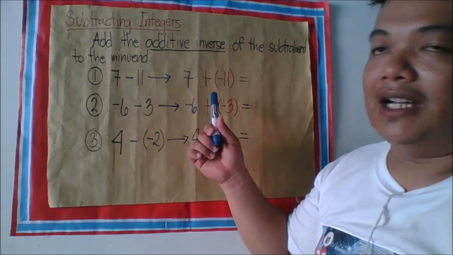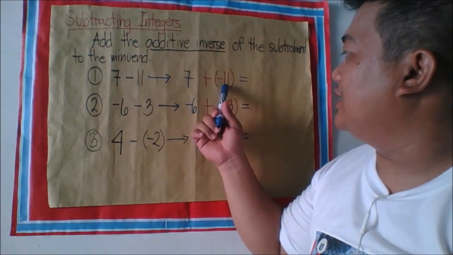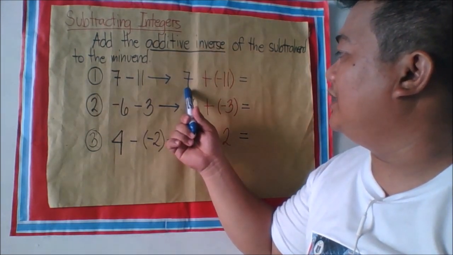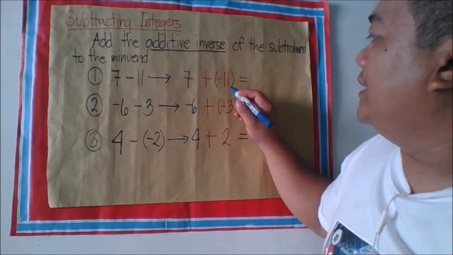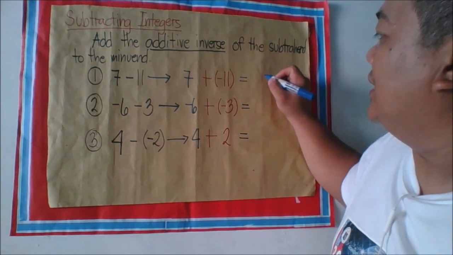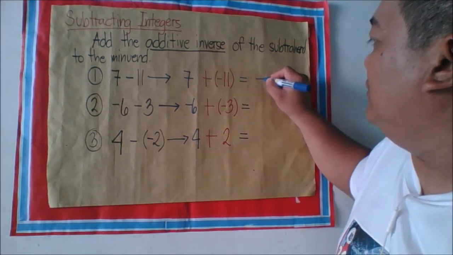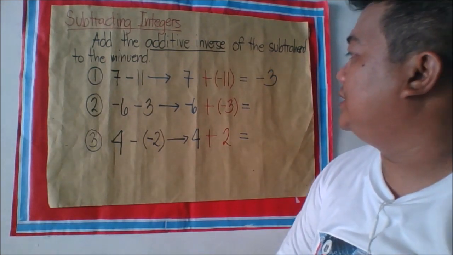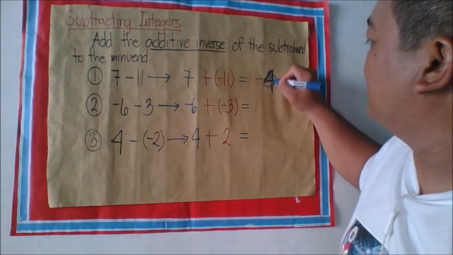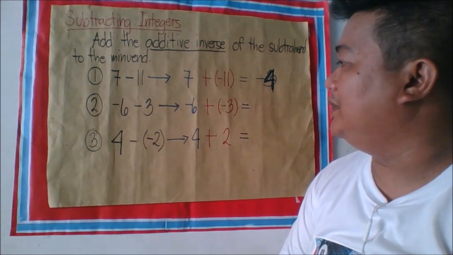So in adding integers, you just subtract the smaller number from the larger number. 11 minus 7, that would be 4. Then copy the sign of the larger integer. So that would be negative 4.